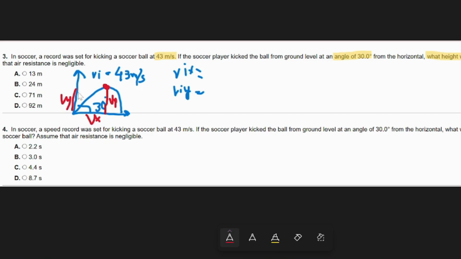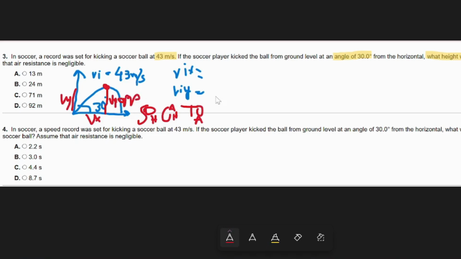Next, we're going to label this using this analogy. As you can see over here, the opposite over hypotenuse is here, opposite to the 30 degrees.